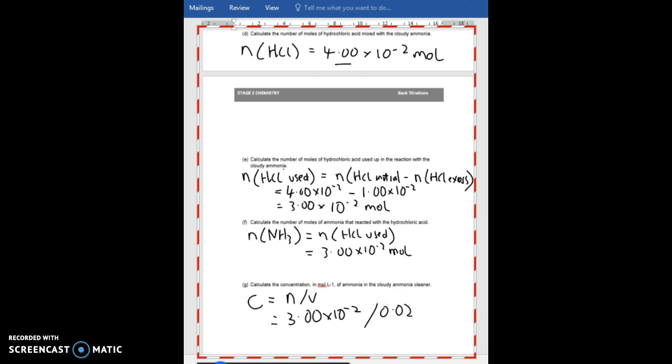And we get an answer: the concentration of NH3 equals 1.5 moles per litre.